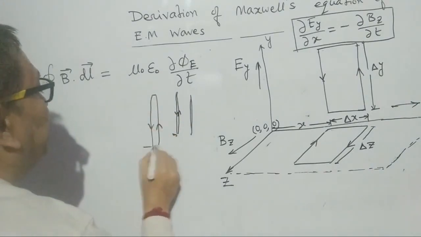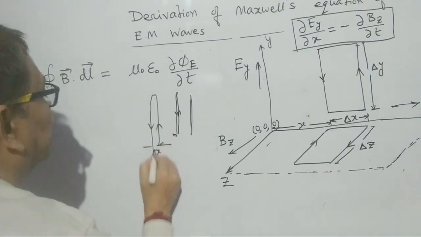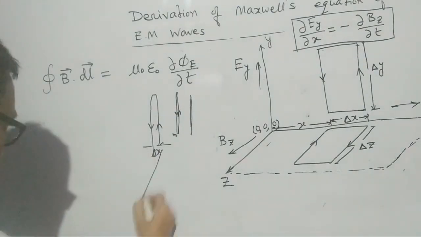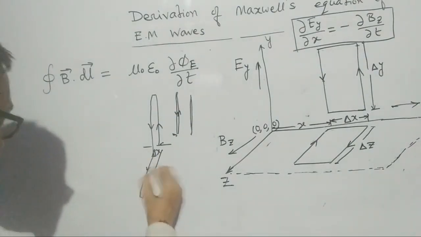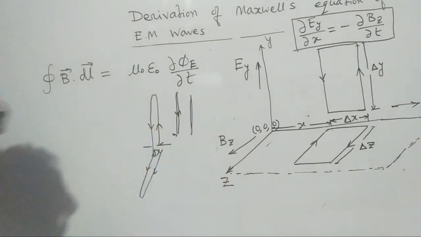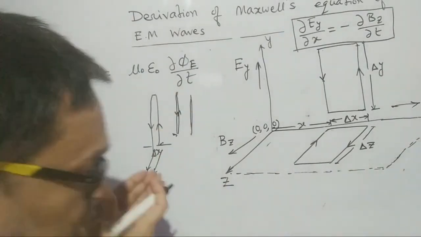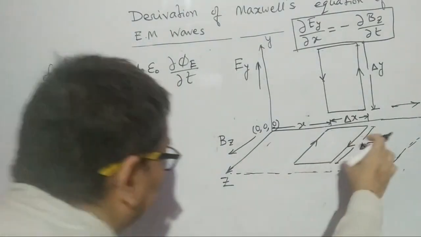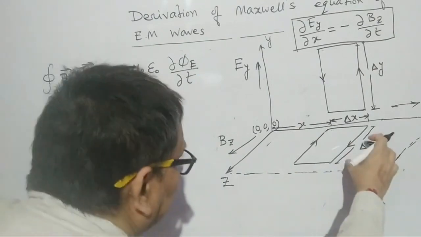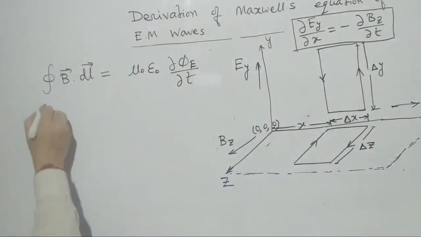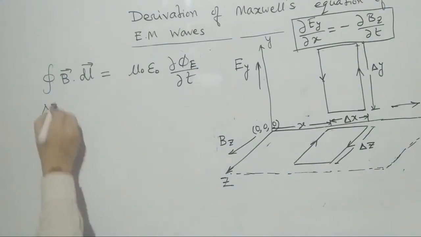So we can say this delta x is so small. So the magnetic field is also like this. This delta x is infinitesimally small. Now the magnitude of this line integral will be only delta z. So its magnitude is delta z.